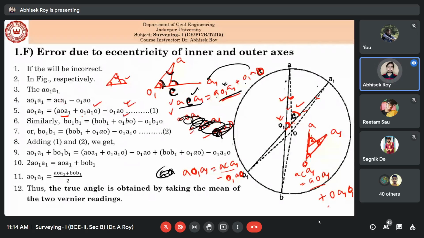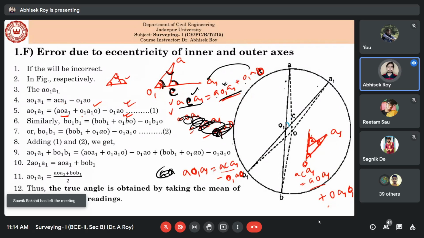Now as we have got this equation, if you write down freshly, you can see whatever we have written, that is AO1A1.